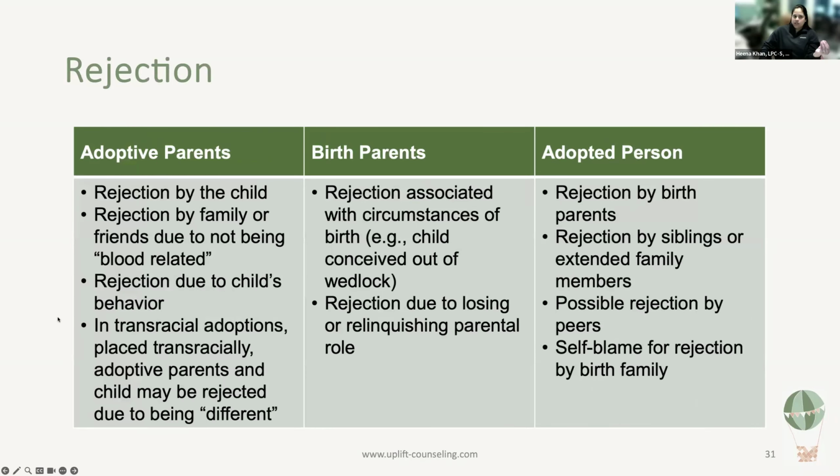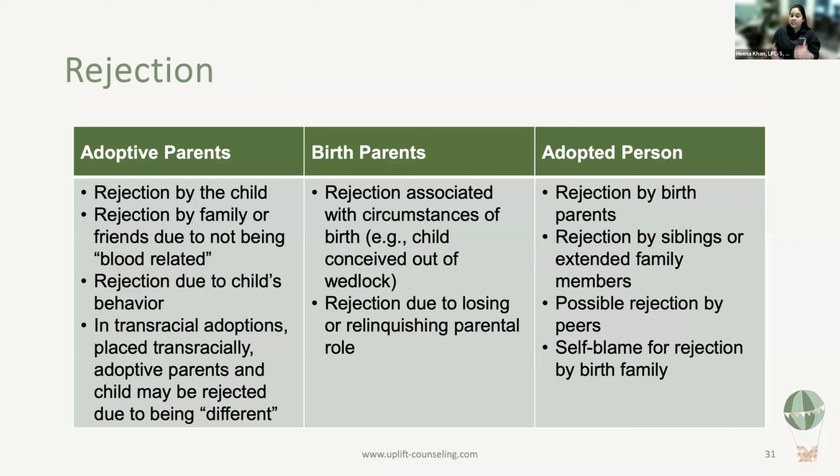And then there's rejection. What that looks like for adoptive parents is that sometimes they'll feel rejection by the child, rejection by the birth family, maybe by their own family members. For birth parents, that could look like rejection associated with just the circumstances of having to take this route.